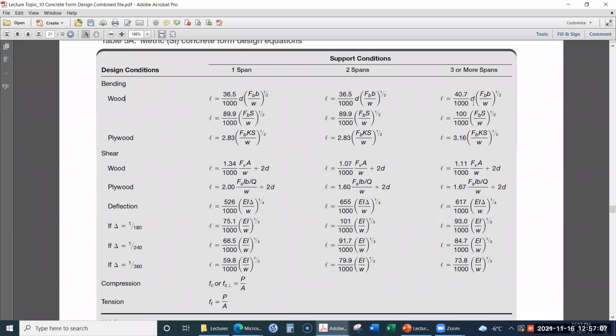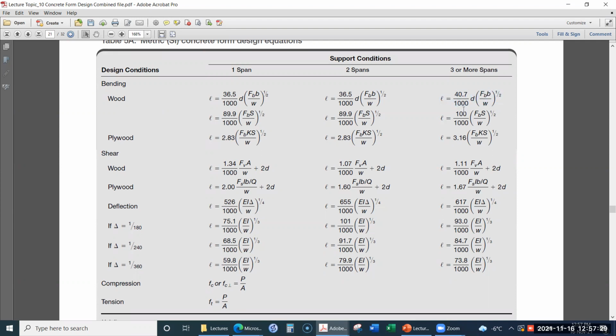Here D is the effective thickness of the sheet, FB is the allowable bending stress, B is the width, and W is the design load, which we just calculated as 6.22. So we will use this equation.